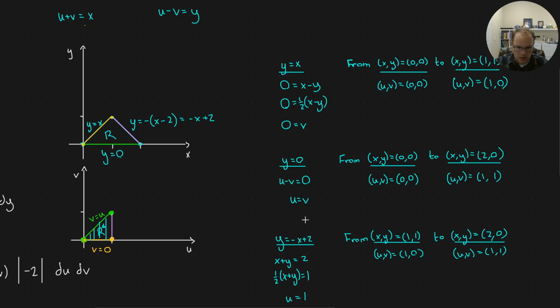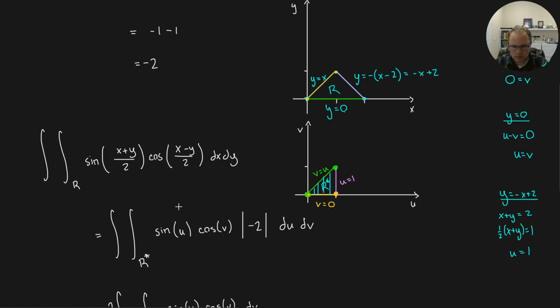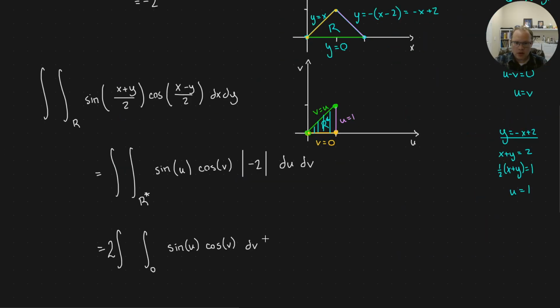And u equals 1. Okay, so I'm going from v equals 0 to v equals u. And then once I integrate with respect to v, I'm going to limit myself to just the u-axis, squish it along the v direction.